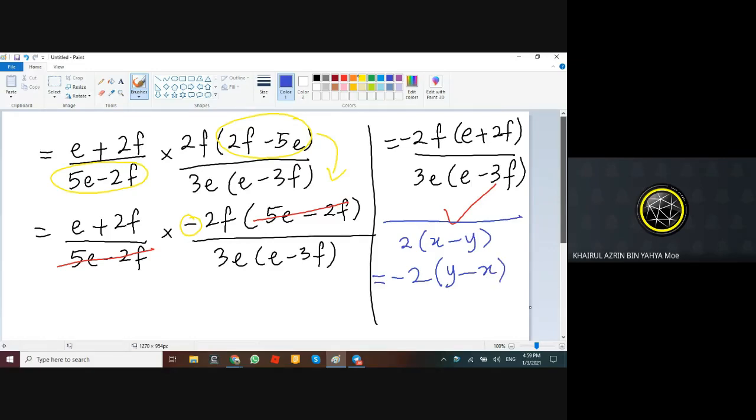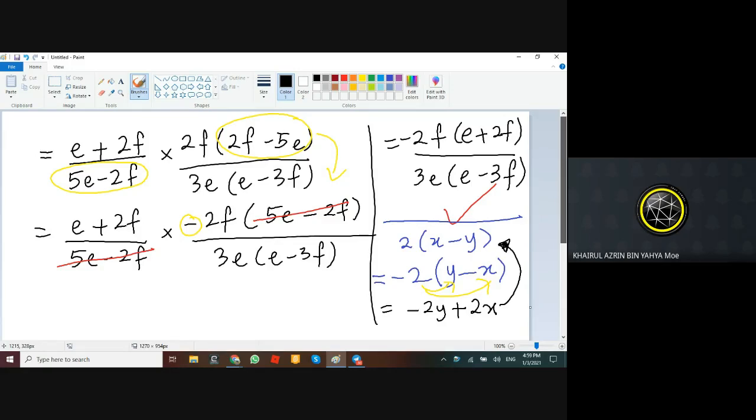If we expand this one, what happened? If we expand, become negative y plus x, negative 2y plus 2x, and this is same with original.